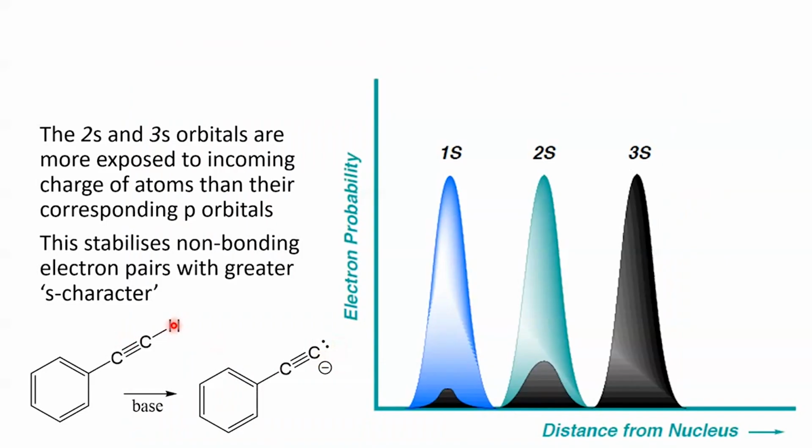And so for that reason, we can imagine that this carbon has several p orbitals associated with the triple bond, but also an s orbital associated with this hydrogen. So if we imagine a base coming in from this direction, it can interact with the s orbitals before interacting with the p orbitals, and you can get this abstraction of the proton, which gives some chemicals more s character and chemistry that reflects that.